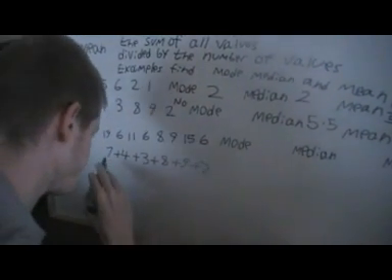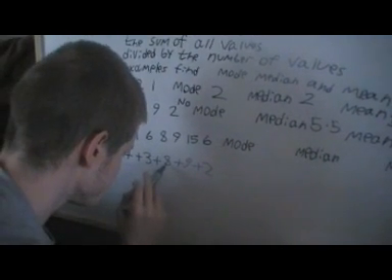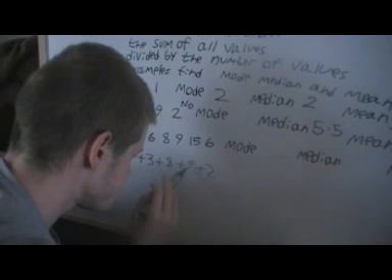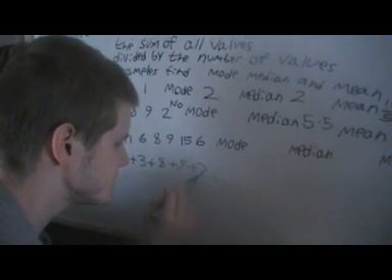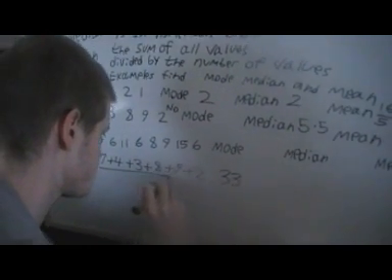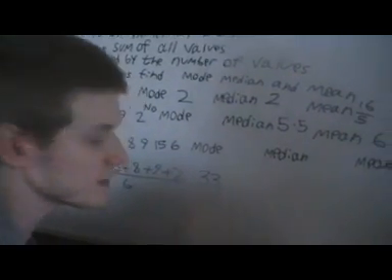Right, so we've got 11, 14, 22, 31, 33. Divide that by 6.